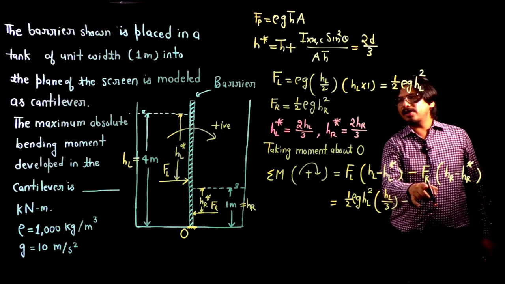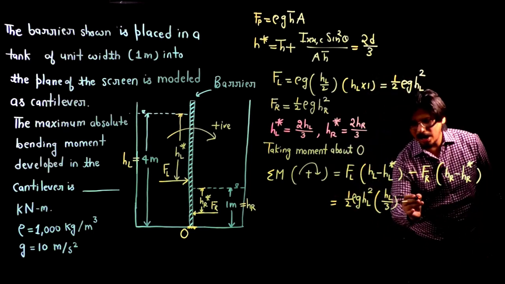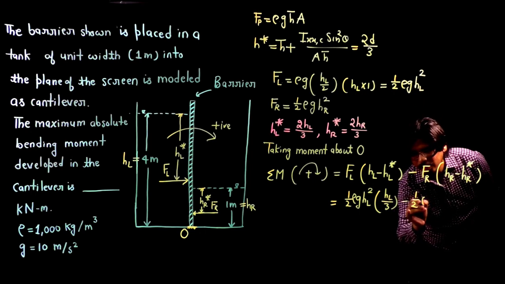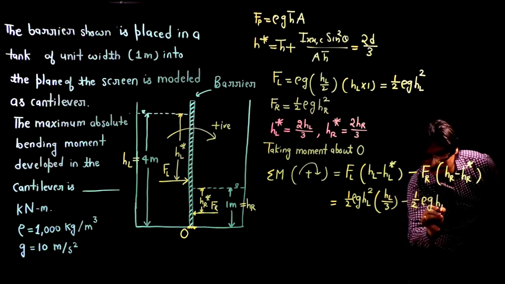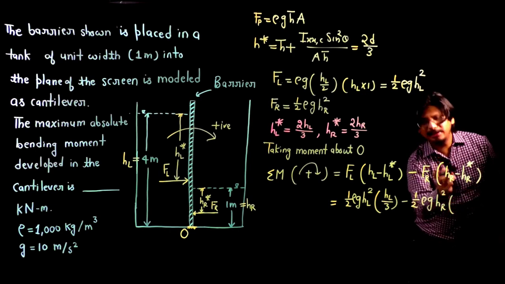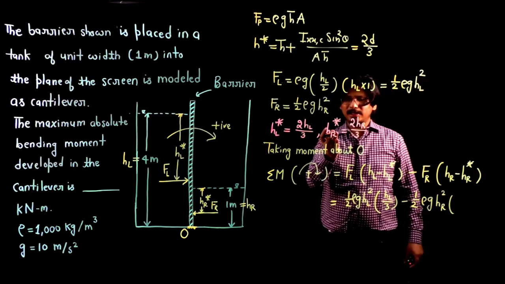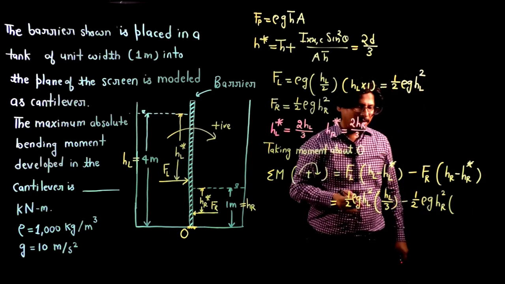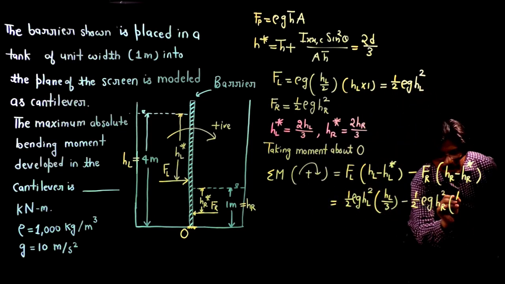Let us substitute the value of FR, my friends. FR is half rho g HR square. Now HR minus HR star, HR minus 2HR by 3, will give us HR by 3 only.